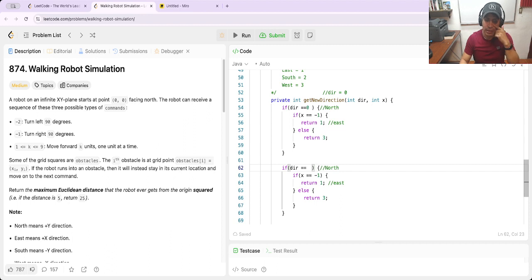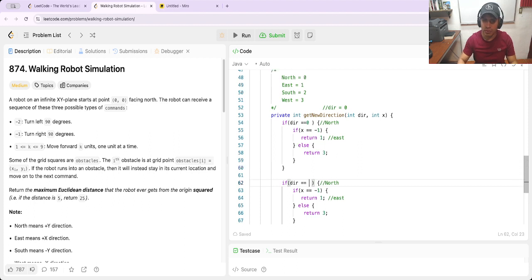The next step is the west. The west, which number is it? It's 1. Okay, no, let me change this because we can confuse it with the position. Let me change here and here.